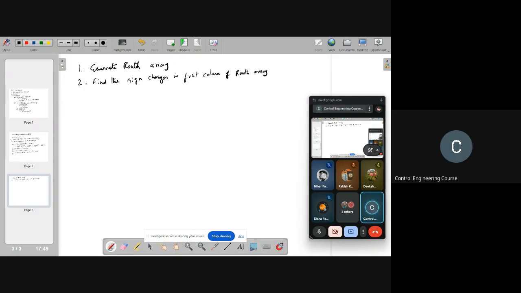I will tell you what the Routh array is and how you compute it, and then how to find the sign changes and what the special cases are in this case.